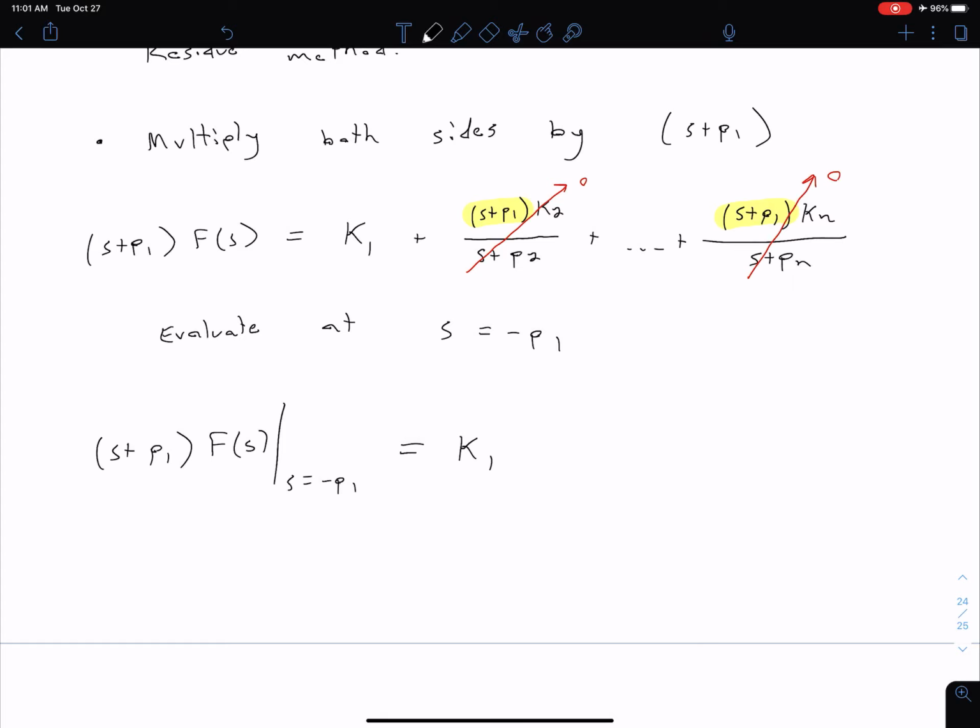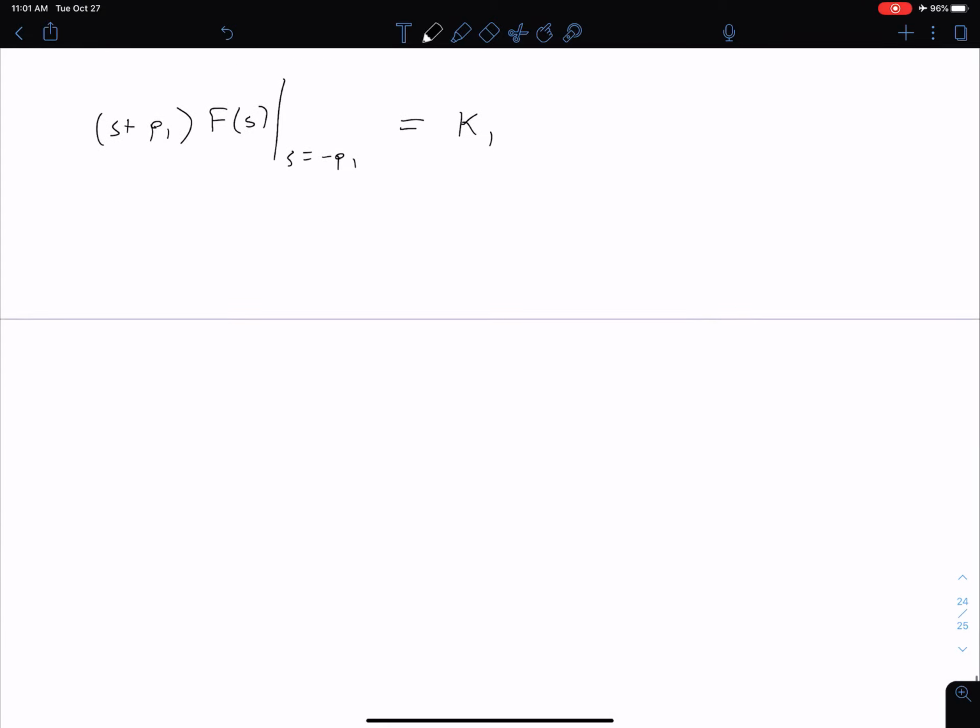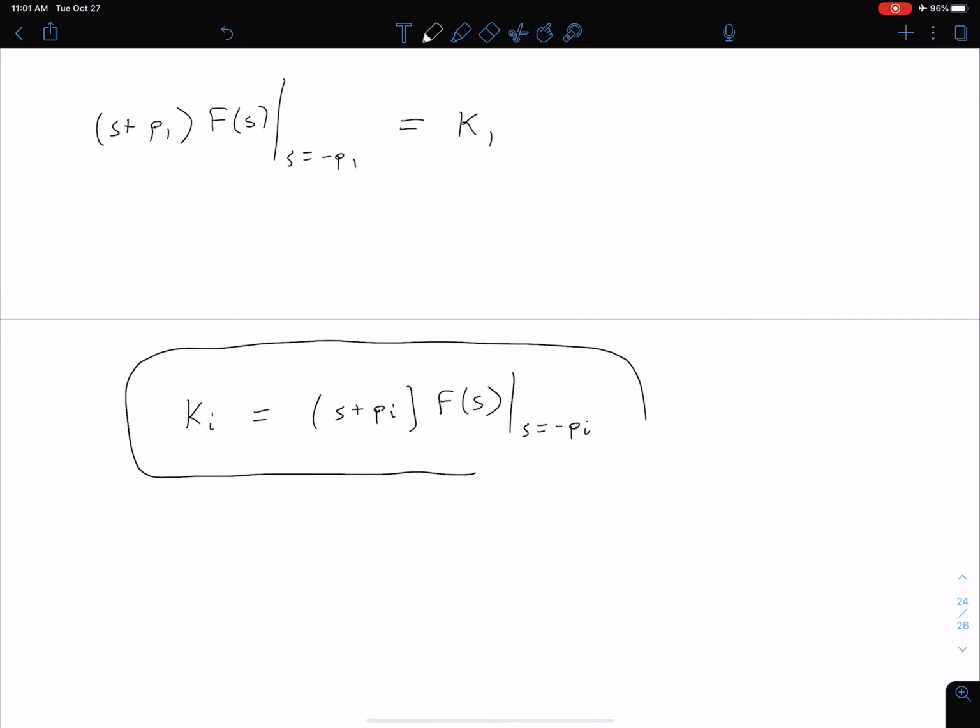We can generalize this to solve for some coefficient k sub i. Our coefficient k sub i is equal to s plus p sub i, where p sub i is the pole that corresponds to that coefficient, times our F of s, evaluated at s equals negative p sub i. This is an important equation to help us more easily get our coefficients.